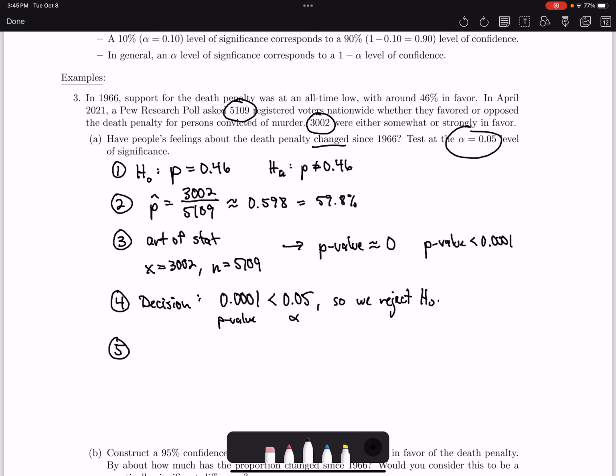Since we're rejecting the null hypothesis, that means we have evidence to support the alternative. And that's what we would say in conclusion.